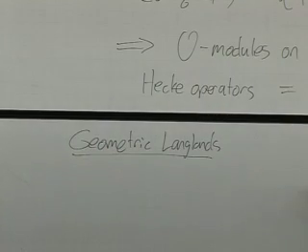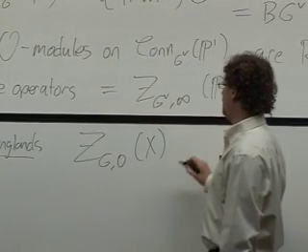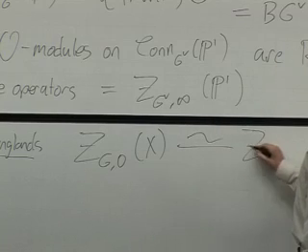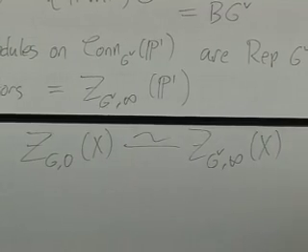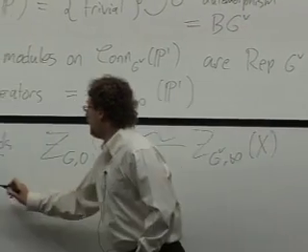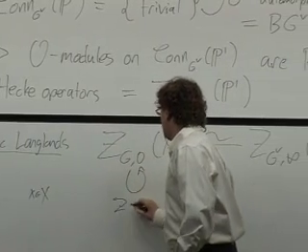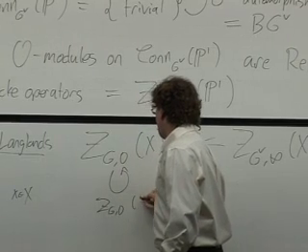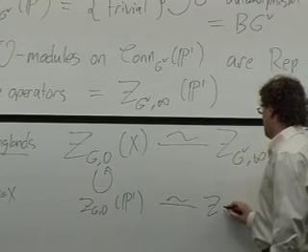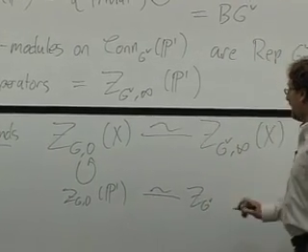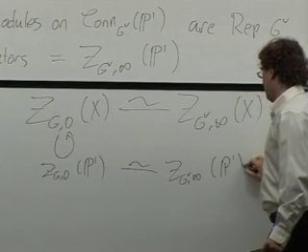The geometric Langlands conjecture says that Z G0 of x is equivalent to Z G check infinity of x for every Riemann surface x, compatibly with the action, for every x, of Z G0 of P1, which is identified by the Satake theorem with Z G check infinity of P1.